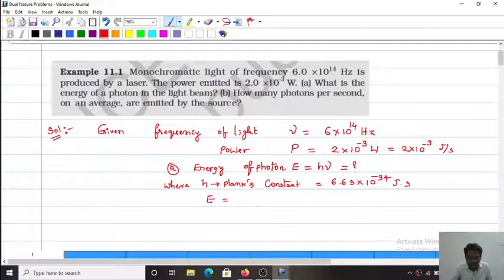Therefore E equals h nu, which is 6.63 into 10 power minus 34 joule second, into the frequency 6 into 10 power of 14 second inverse. Another unit of frequency is second inverse.